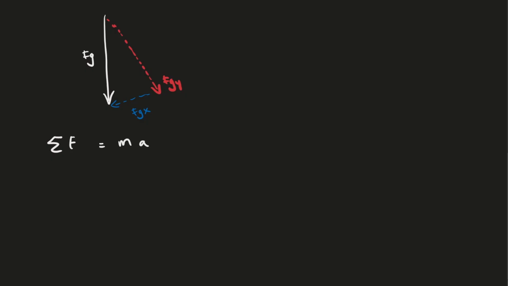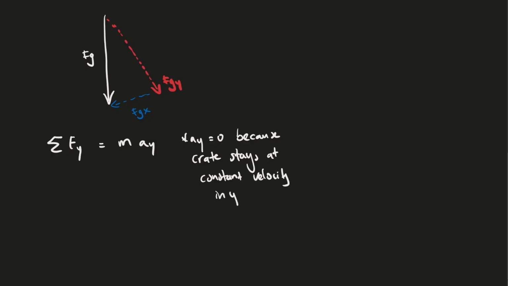Specifically, we're looking at the Y component first. Ay is equal to 0 because the crate stays at constant velocity in the Y direction, because it's not moving at all.